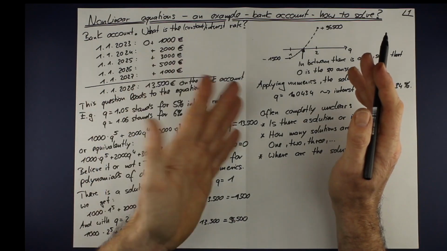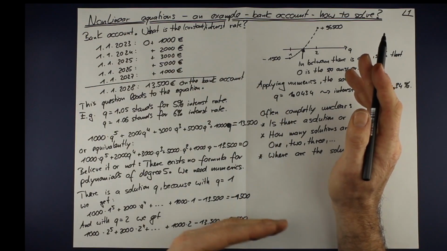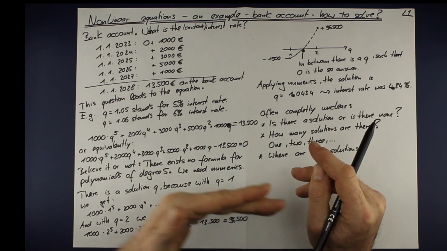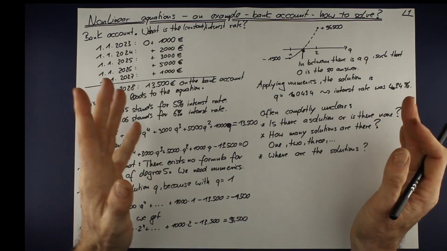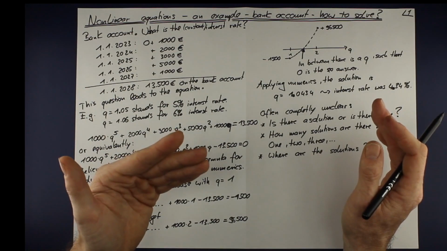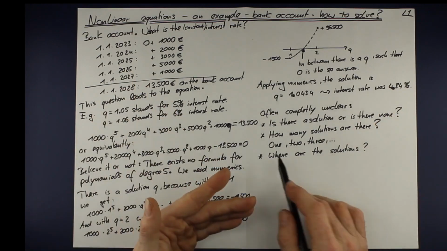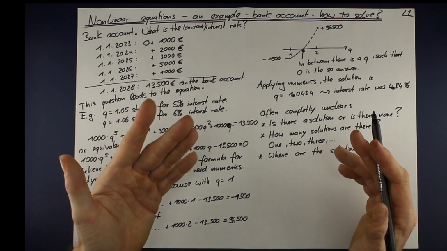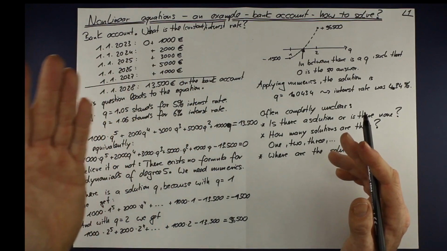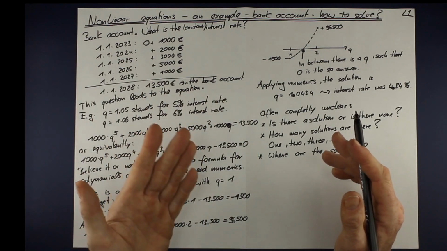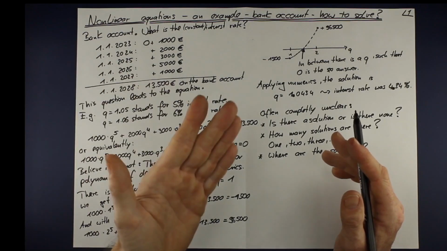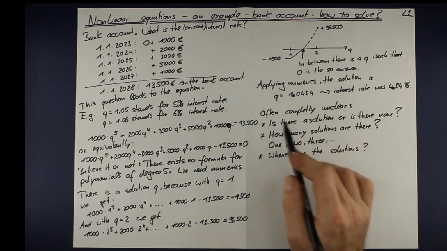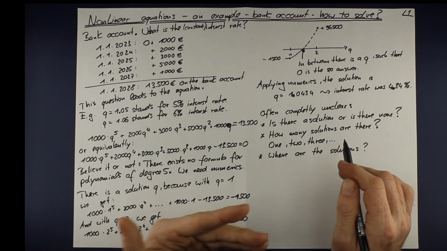Normally the range is 0% to 10%, so we have a very narrow interval, and it's clear that outside of this interval we don't have to look. But very often there is absolutely no idea. Is there a root between 0 and 10, or is there a root between 1000 and 1002? So questions and no simple answers.